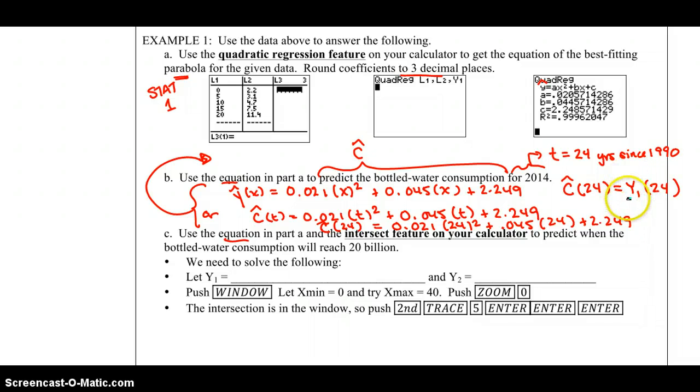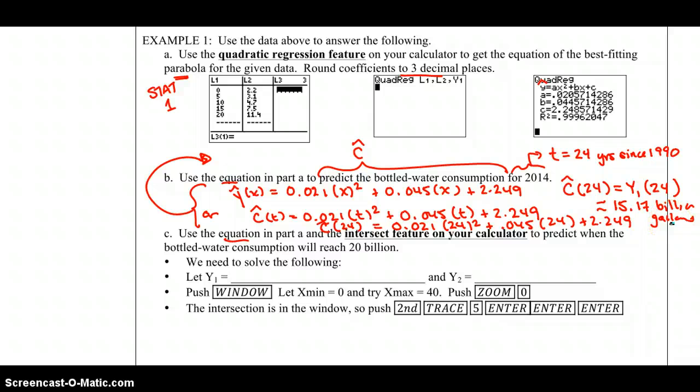To type y1, we would do variables, over to 1, and then parentheses, 24, parentheses, and we would get about 15.17, and that's billion gallons. We put the units back on there. So we would estimate that the bottled water consumption for the year 2014 would be about 15.17 billion gallons.